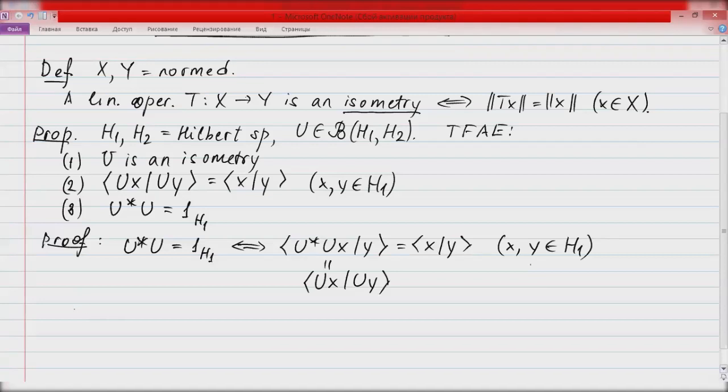Okay, let's now continue this. We now recall that two sesquilinear forms are the same if and only if their restrictions to the diagonal are the same. This is a corollary of the polarization formula, which was discussed at the previous lecture. So we see that this equality is equivalent to the same equality in the case where y and x are the same.